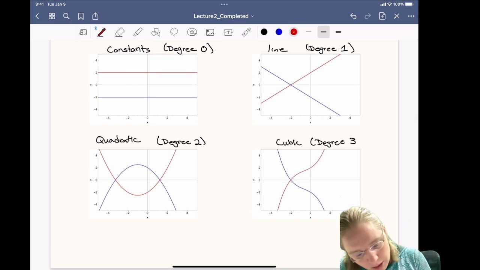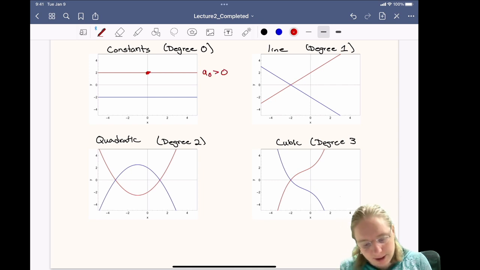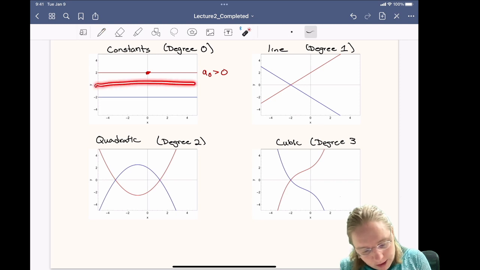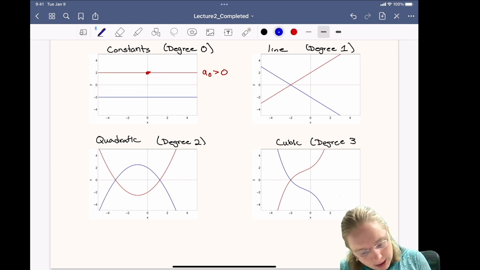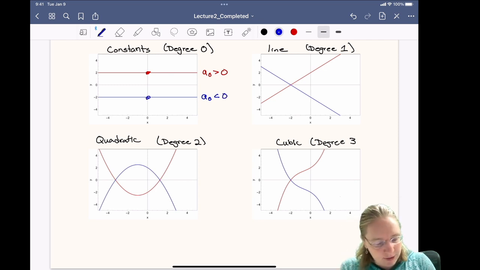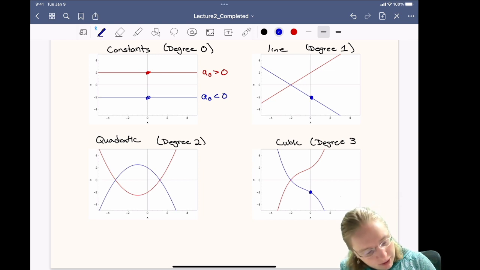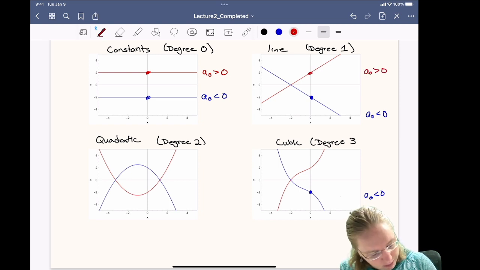So for example, we know that a0 is greater than 0 here because the y-intercept is greater than 0. Similarly, the y-intercept here is less than 0. And I've done a similar thing for all of these other plots, where you have a0 less than 0, a0 less than 0, and the y-intercept is greater than 0.